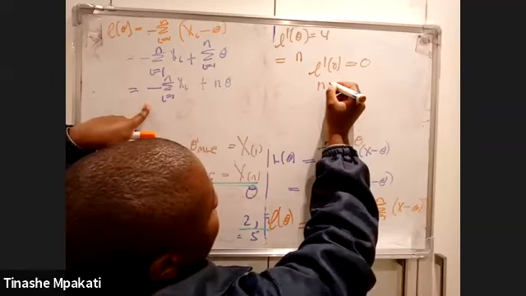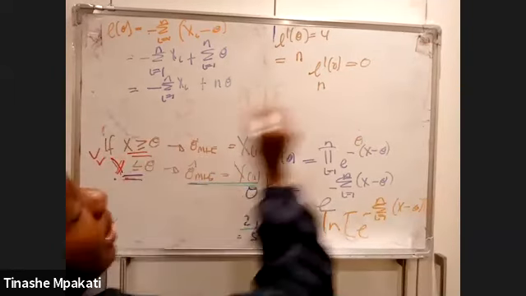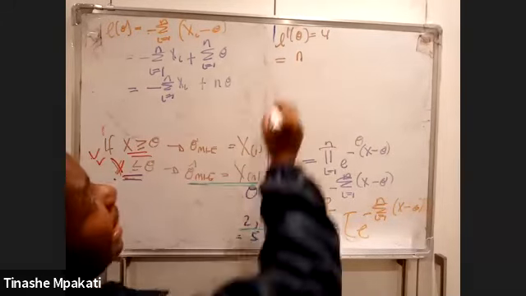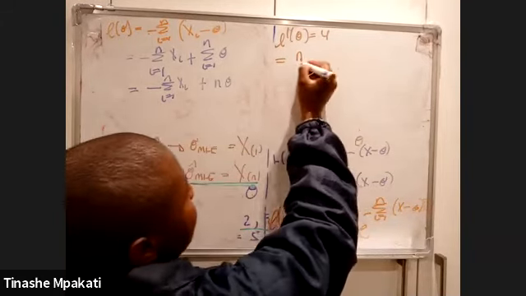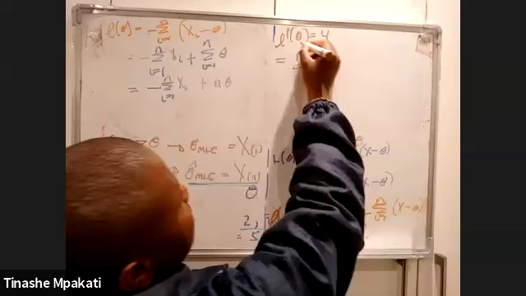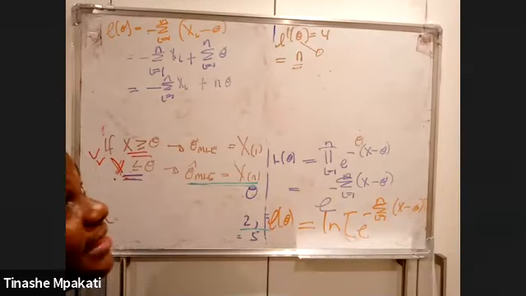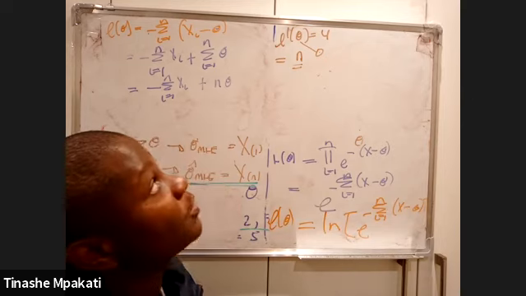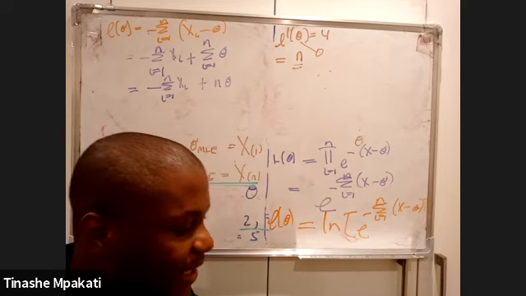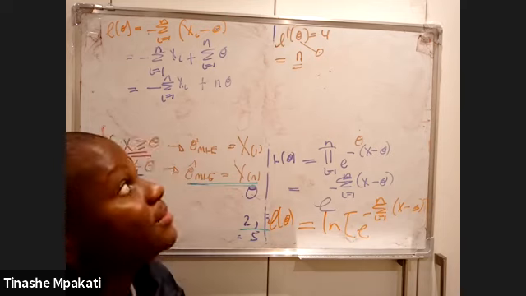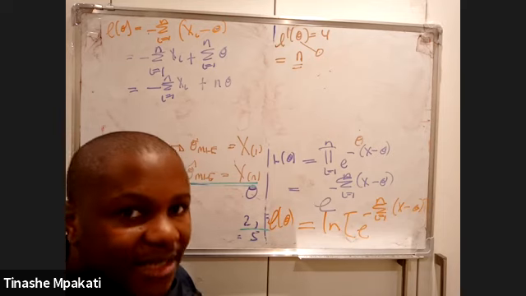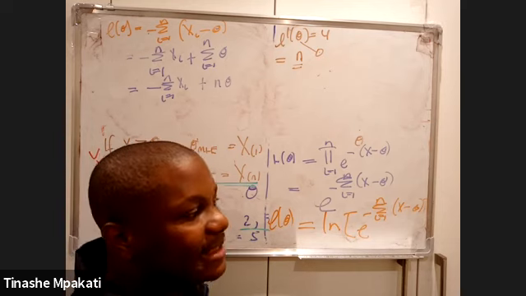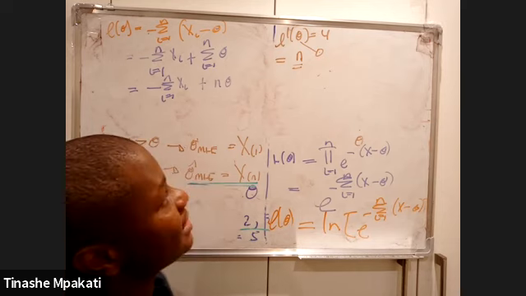Before we even go further, the fact that our score function here is just n, but we do not have our parameter of interest, because remember the reason why we do this is to try and estimate our parameter of interest, which means whatever function we get as our score function should be something in terms of our parameter, so that when we equate that to 0, we can now actually get something in terms of our parameter of interest.